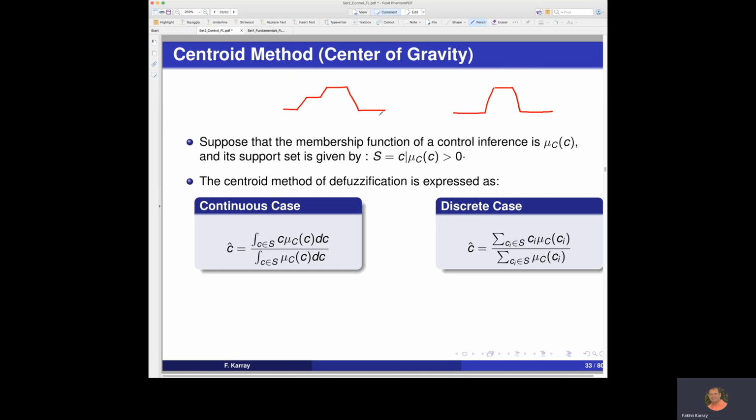So suppose that the membership function of the control inference is given by mu C. So this is mu C, okay, or this one is mu C here, okay. And there are two ways for computing. The first one is given by the continuous case, which is the center of gravity of that particular membership function.